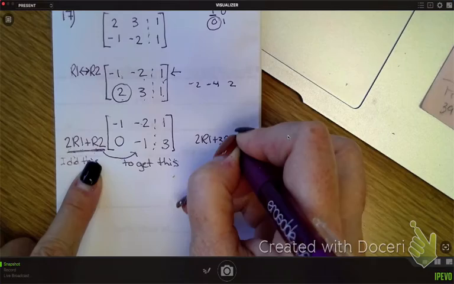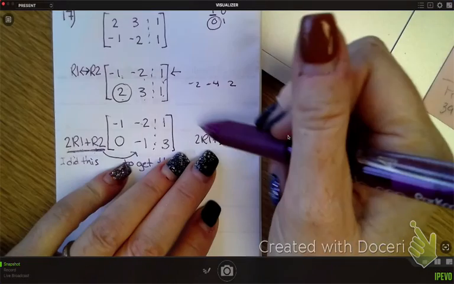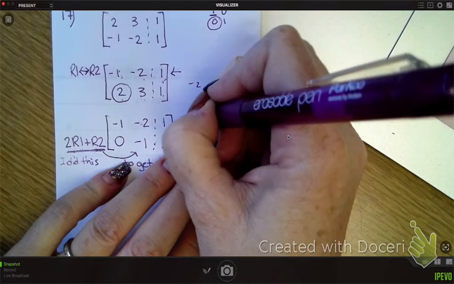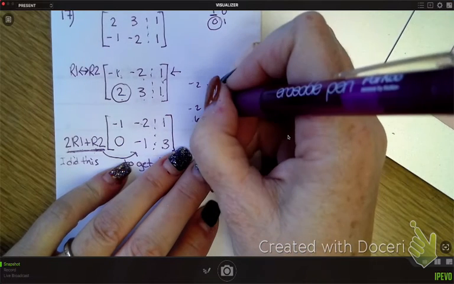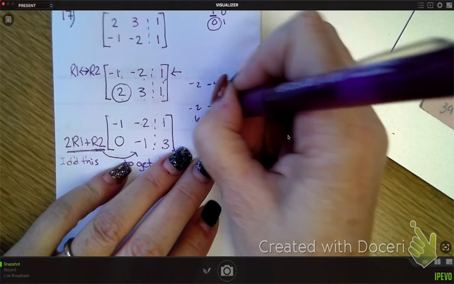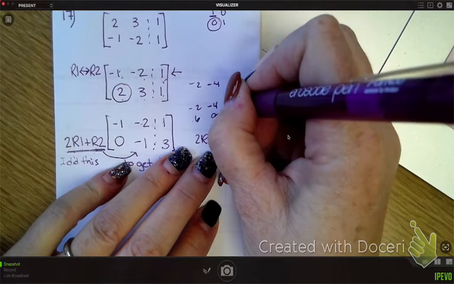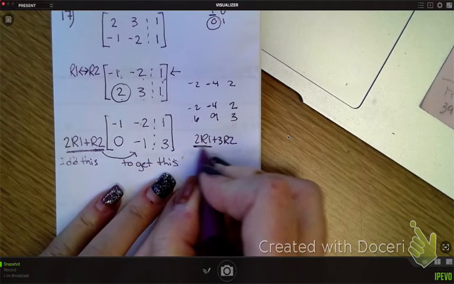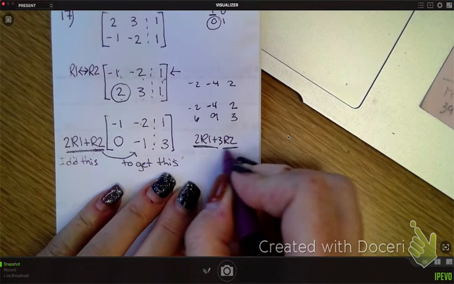Yes. I hate what ifs. Okay, if I had that, I would have -2 and 6. I would have -4 and 9. I would have 2 and 3. It says right here 2R1 plus 3R2.